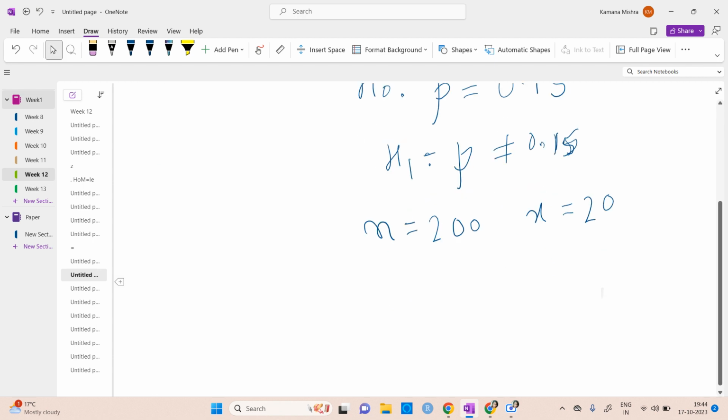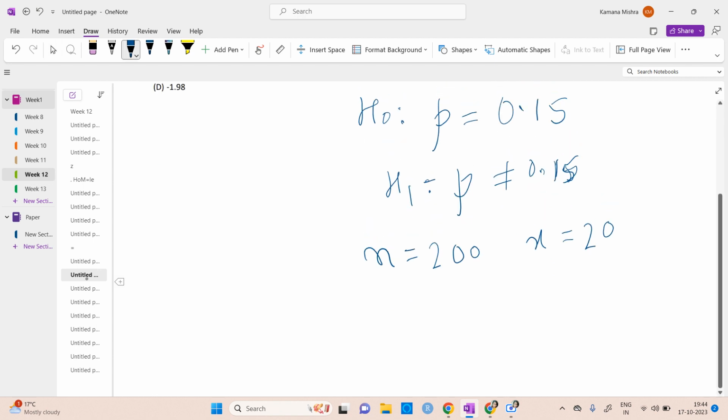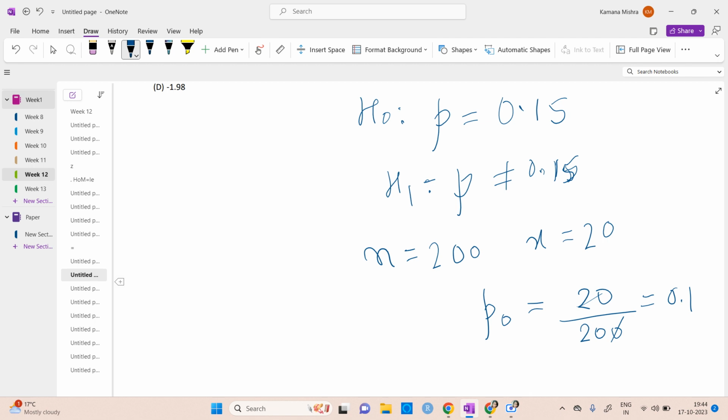So p hat that we have found is 20 divided by 200, which would be 0.1.